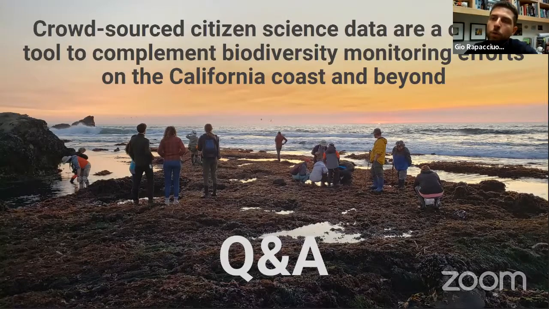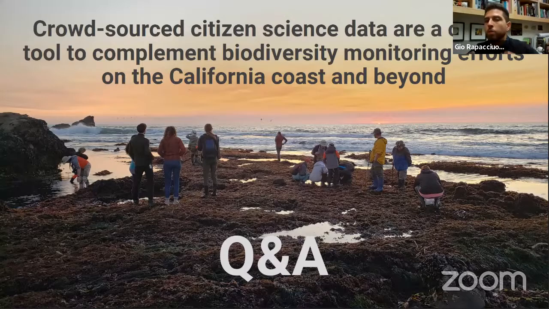For example, as we've started validating data using long-term monitoring programs, which really focus on those species of interest more so, we've started seeing that generally more common, so more locally abundant species in the intertidal, are generally pretty well documented by iNat observers.